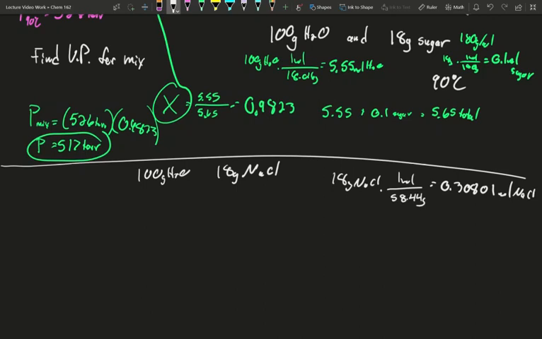However, aqueous sodium chloride doesn't float away as pairs. When you dissolve an ionic substance, it tries to break apart completely into its separate ions. Which means instead of 0.3 moles of sodium chloride, it's really 0.3 moles of sodiums and 0.3 moles of chlorides. If they separate, they are different particles.